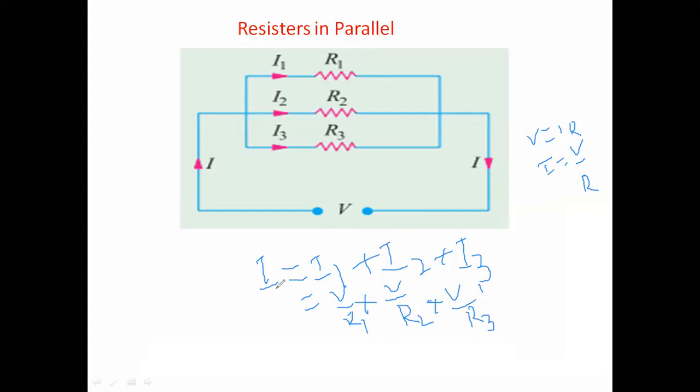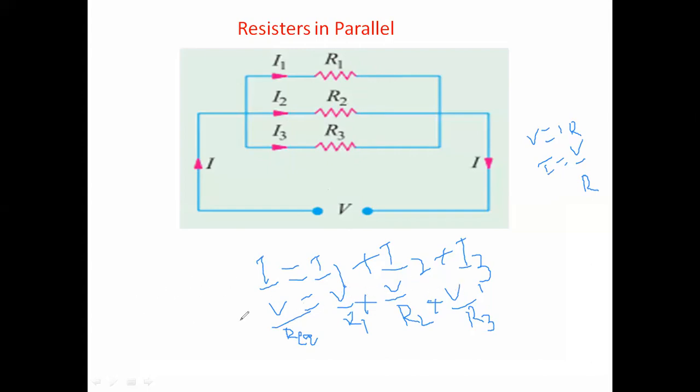And generally we can consider I is equal to V by R, where R is the equivalent resistance. So R is the total resistance of the resistors which are connected in parallel. That is considered as R equivalent. From this, we take the common factor of V.